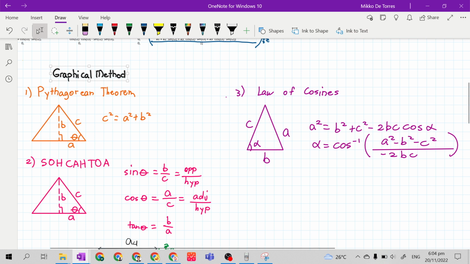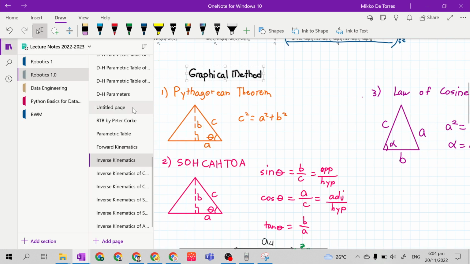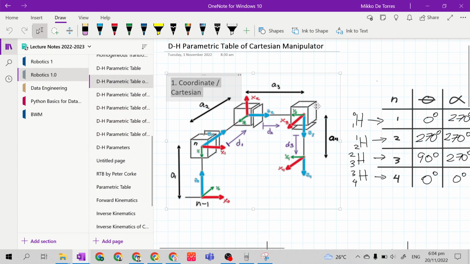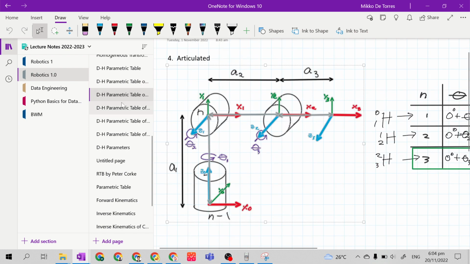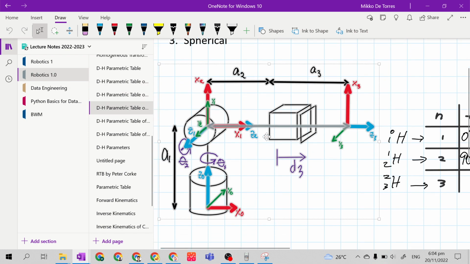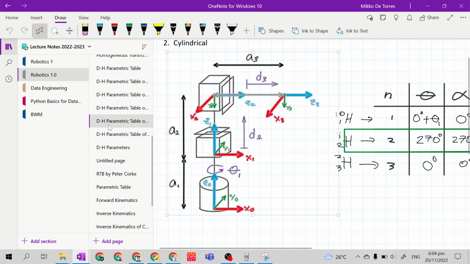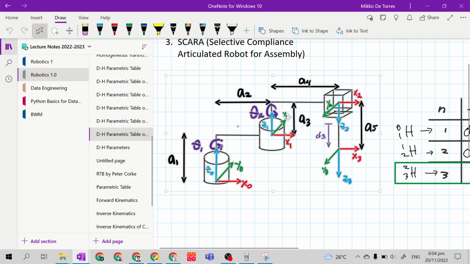Examples of kinematic diagrams or mechanical manipulators that have simple designs are 3 degrees of freedom Cartesian manipulator, 3 degrees of freedom articulated manipulator, 3 degrees of freedom spherical manipulator, 3 degrees of freedom cylindrical manipulator, and 3 degrees of freedom SCARA manipulator.